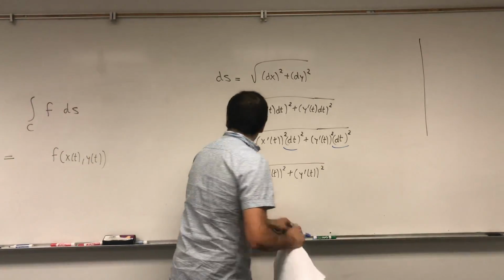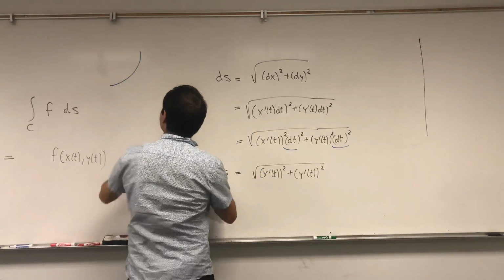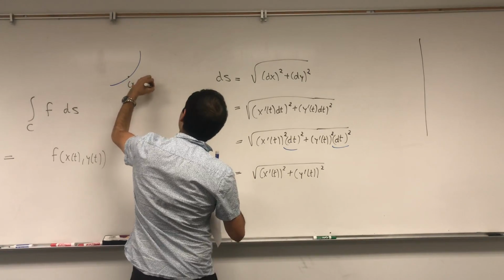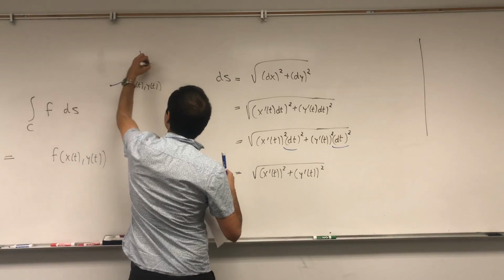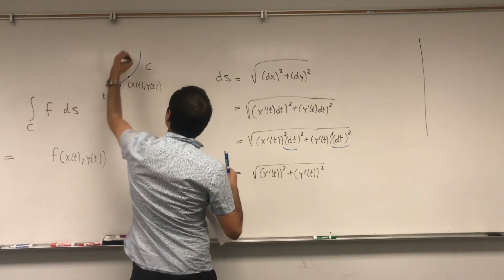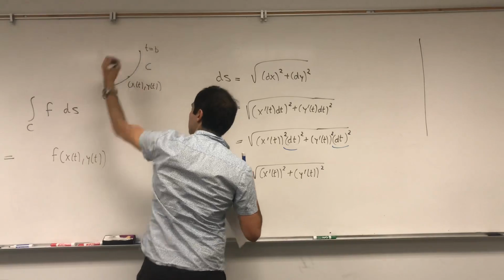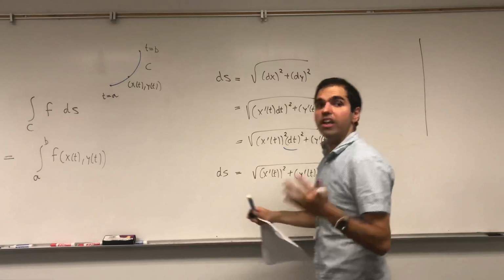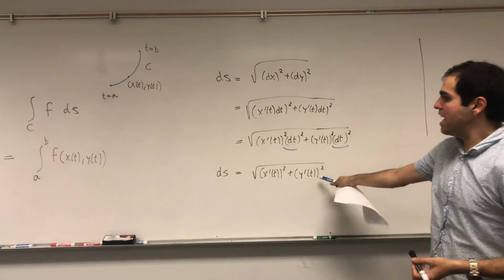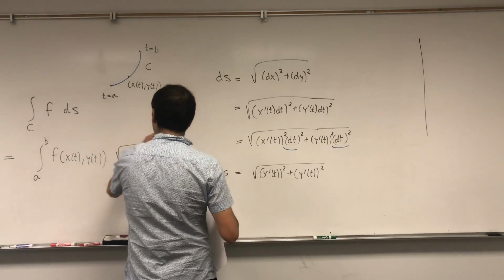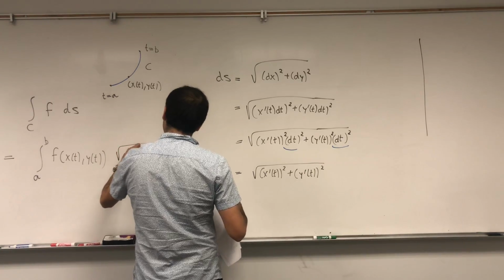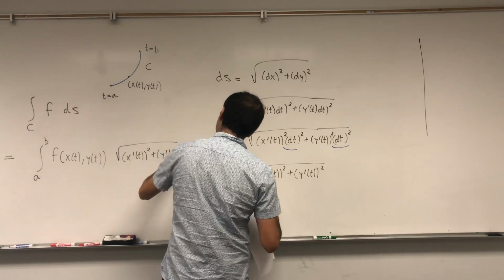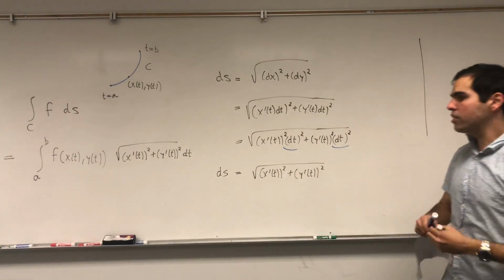We had C going from a to b in this case, and this is x of t, y of t, with t going from a to b. This just means you plug in x of t and y of t. And ds is just this thing here: the square root of x prime of t squared plus y prime of t squared, dt. And that's how you get the formula.